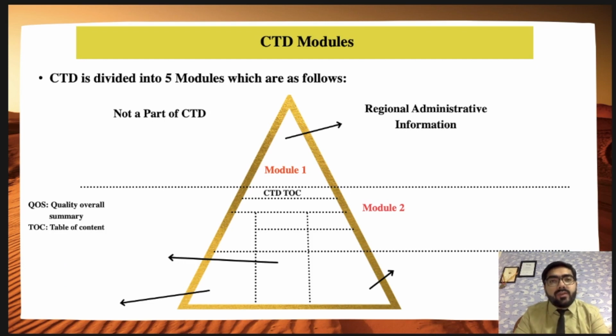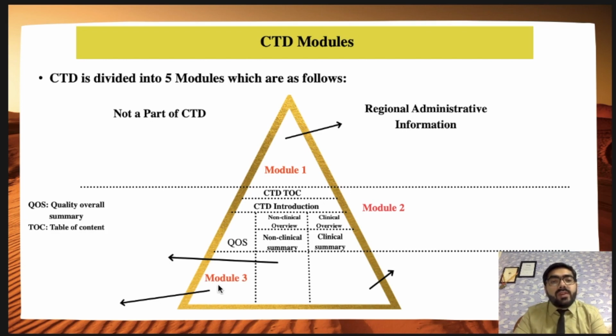In module 2, first of all, we have to submit the CTD table of contents, arranging the different types of content accordingly. Then the CTD introduction, then the quality overall summary and non-clinical overview, then the non-clinical summary, then the clinical overview and clinical summary. We will discuss in our next slide what we have to submit in the non-clinical overview, non-clinical summaries, and clinical summaries.